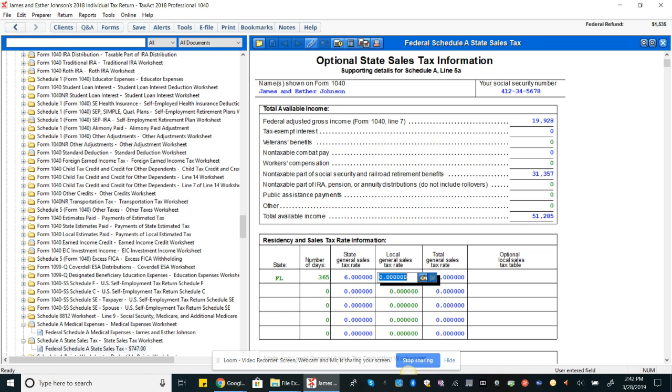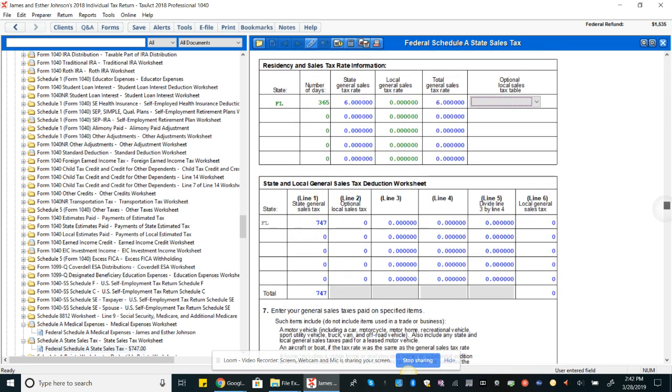Okay, so that's correct. So 6%. We'll presume there's no local, and it will just now calculate for us based on their income, their state sales, residency and sales tax rate information. And then this is a state and local general sales tax deduction.